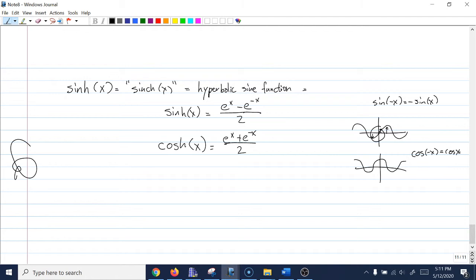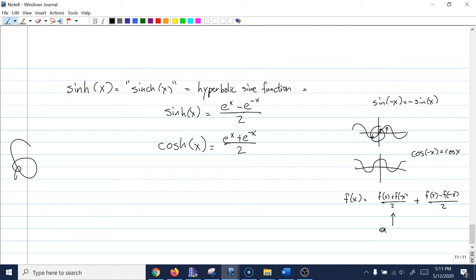It's an even function. It turns out to be a fact that every function can be written as the sum of an even function and an odd function. And the way to do that is you write f of x as f of x plus f of negative x over 2 plus f of x minus f of negative x over 2.